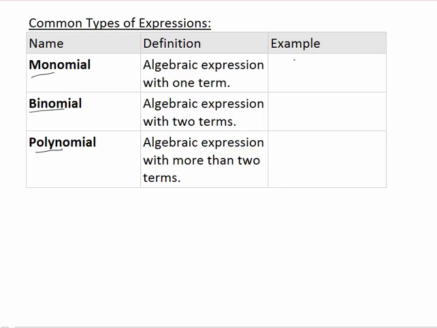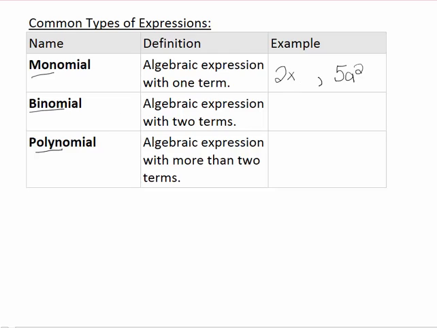An example of a monomial, an algebraic expression with only one term, would be something like 2x or 5a squared. And from above we know these are monomials because this one term consists of a numerical coefficient and a variable coefficient.